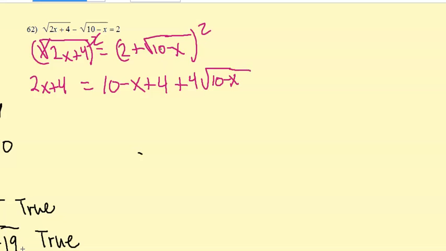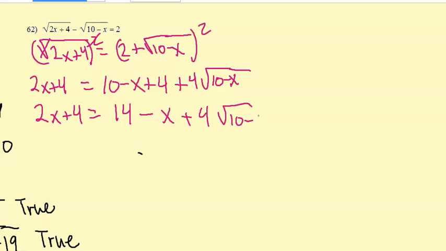You could do that by either doing box or FOIL with this one. Okay, we'll combine like terms. We have 2x plus 4 equals 14 minus x plus 4 square root of 10 minus x.